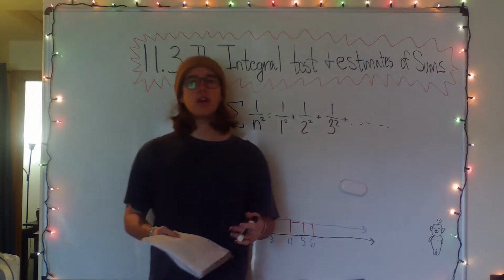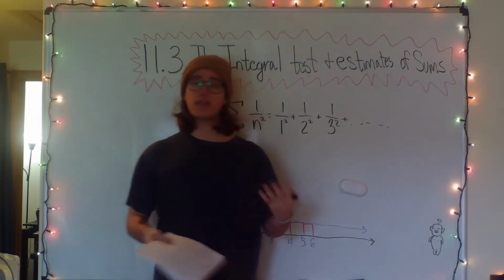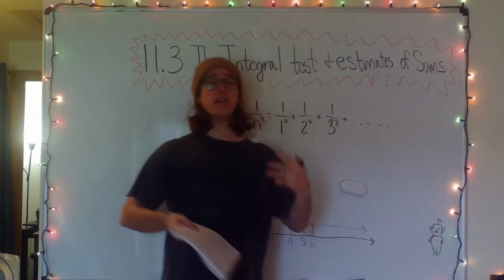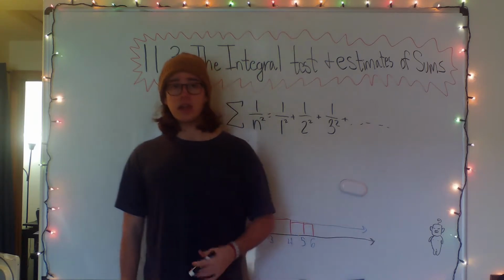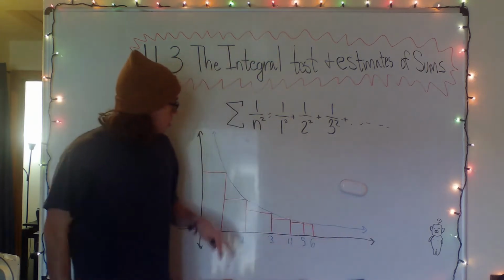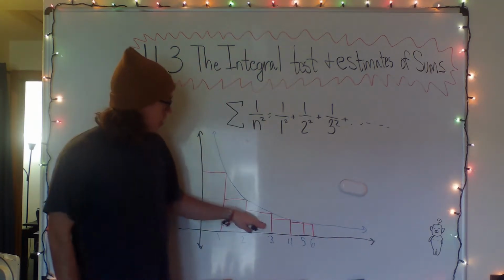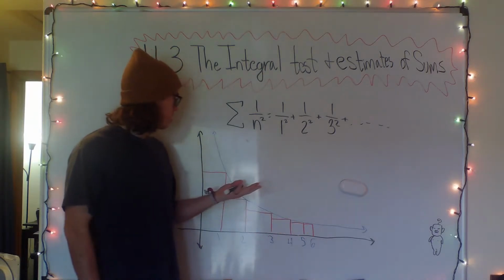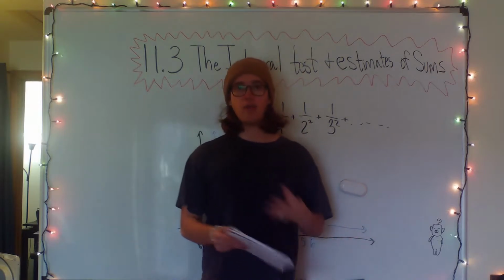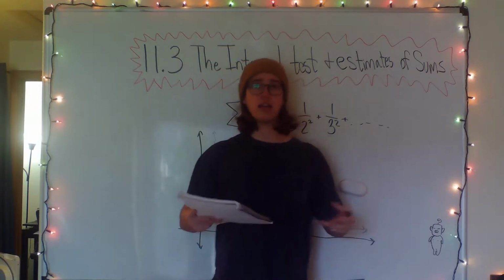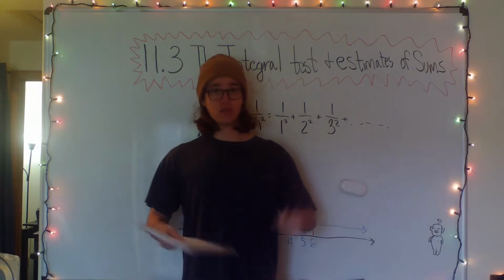What we are interested in with series and sequences are convergence and divergence. Maybe we can actually use integrals to help tell us this, and we can, and this is where we get the integral test for series.